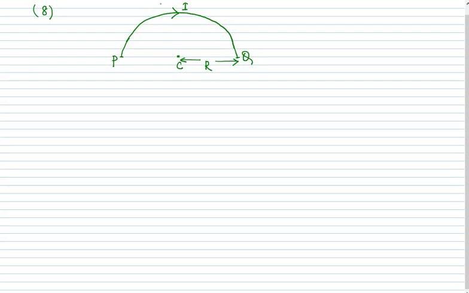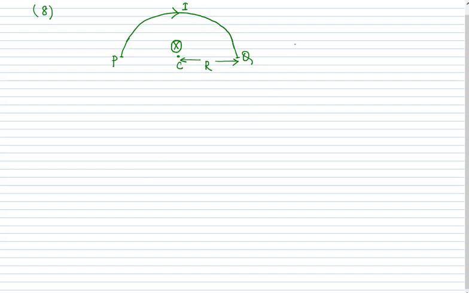As you can see, the current is flowing in the anti-clockwise direction, so the magnetic field will be downward. As you can see from the right hand rule, just hold your finger in the direction of your current and you get the magnetic field in the downward direction.